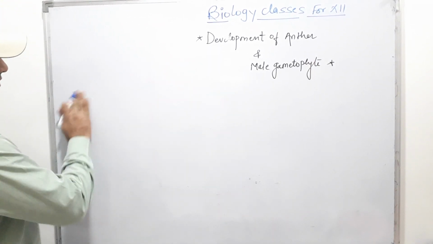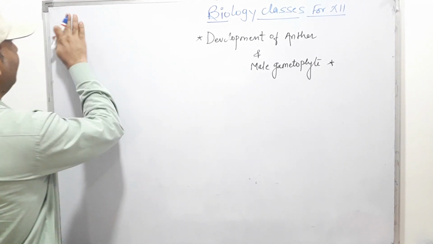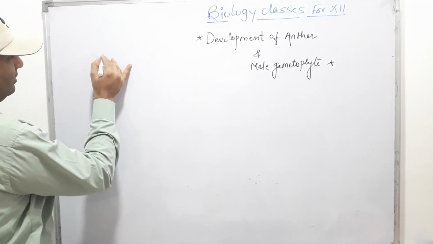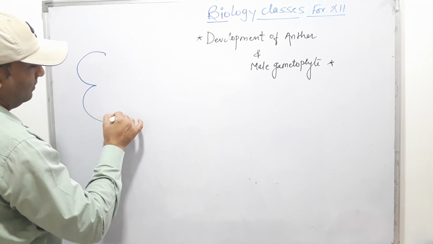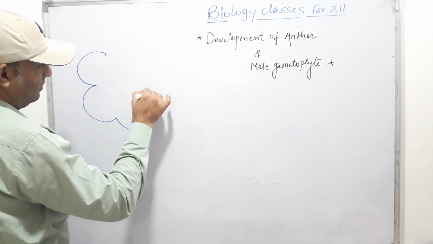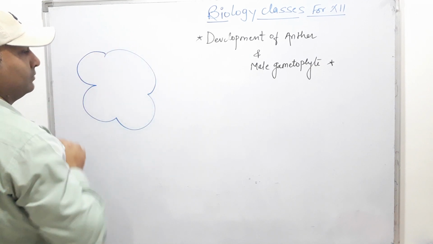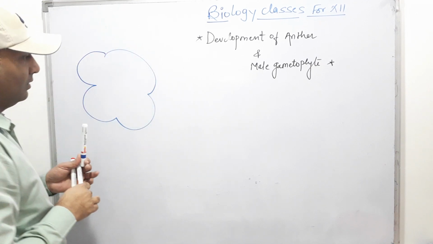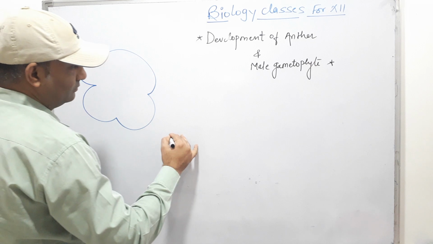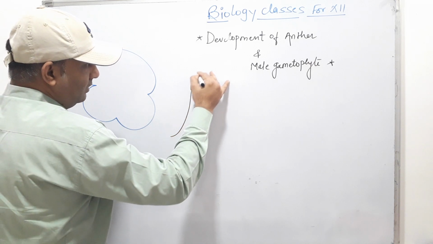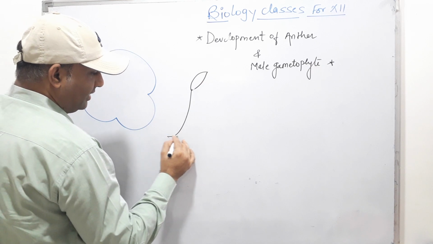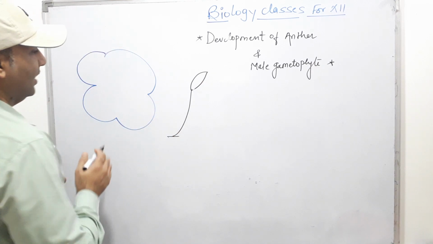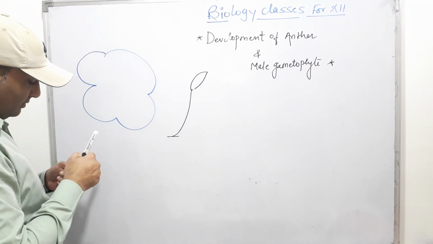First we discuss the structure of anther in immature form. It is a structure of anther at flower and inner side.